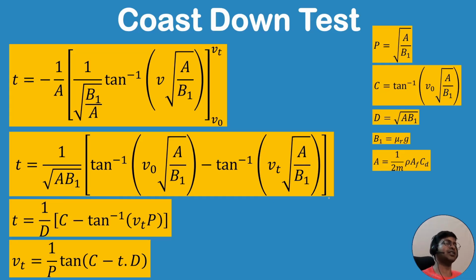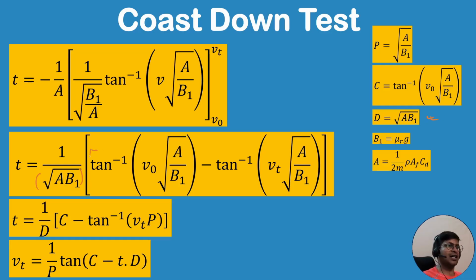Here, if you see, there are a bunch of constants, and we can simplify this entire expression at least to look visually good. So next I took this as another constant which I defined as d, which I have written here.